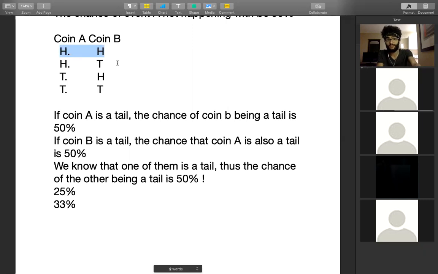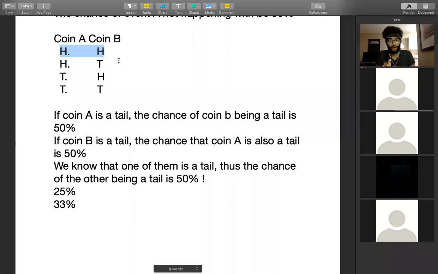The one that I have just clicked on, the head option, is impossible, because our friend has told us that one coin is a tail. He didn't tell us which one, but we know that one coin is a tail, which means the first option is completely impossible. We cannot have both the coins as a head.